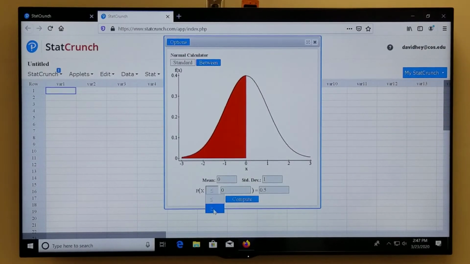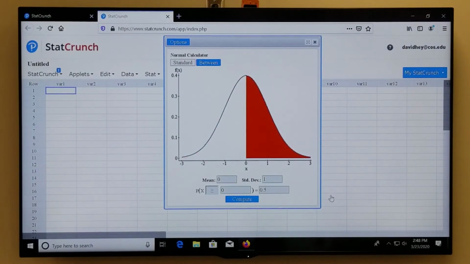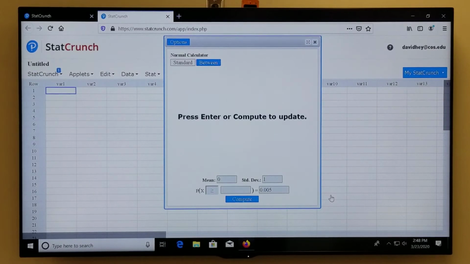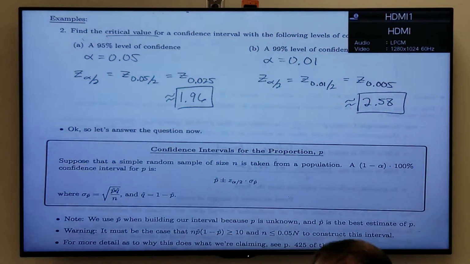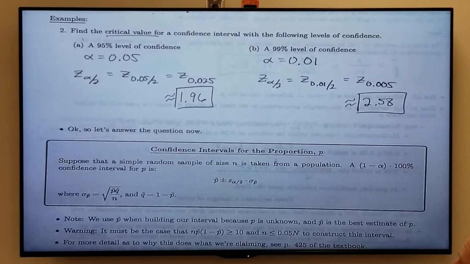We want an area to the right. We want that area to be 0.005. Then you hit compute, and there is the critical value. To 2 decimal places, we would say 2.58. So it's about 2.58.